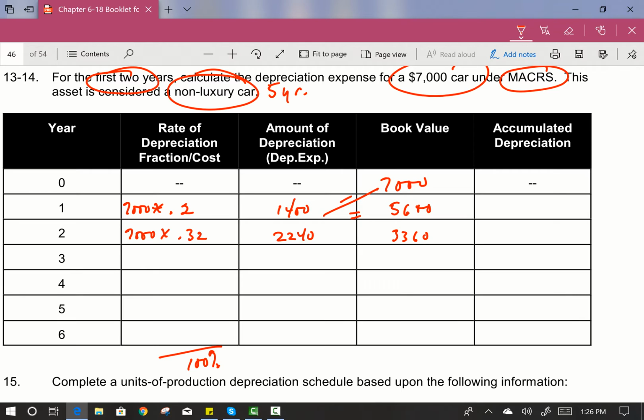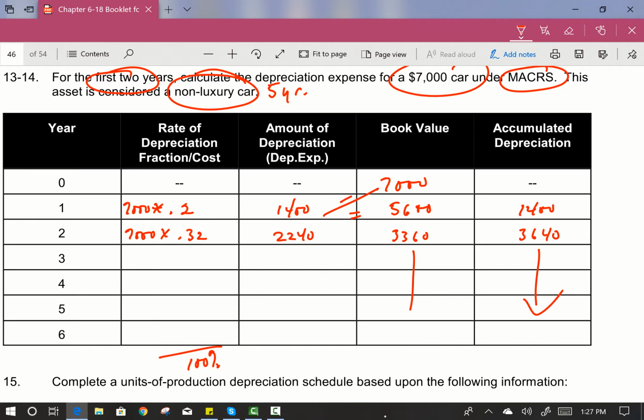Okay. I would put the accumulated depreciation so far, the first year of 1,400 plus the 2,240. That equals 3,640.